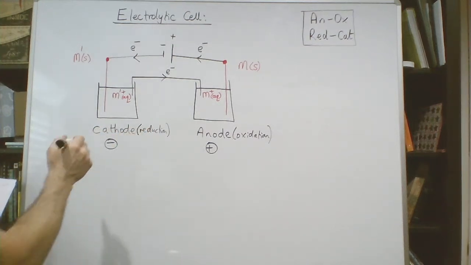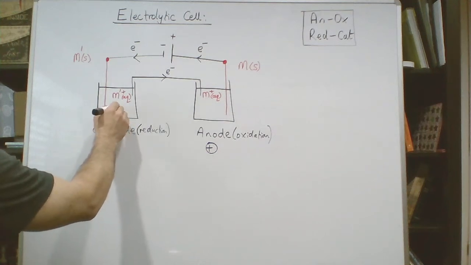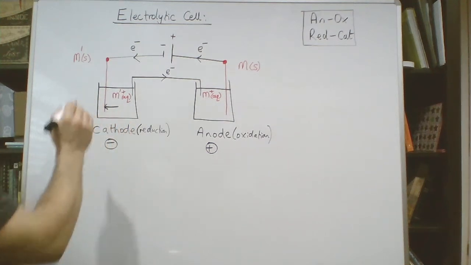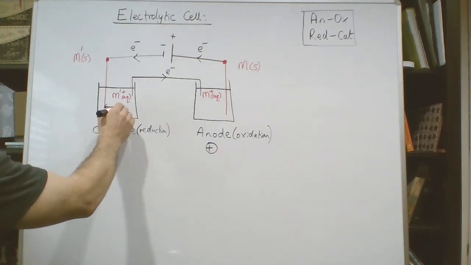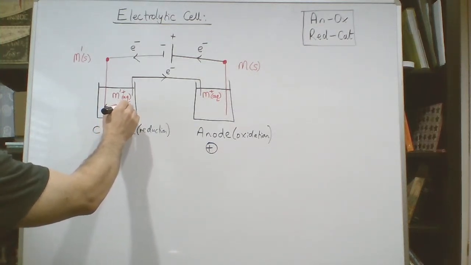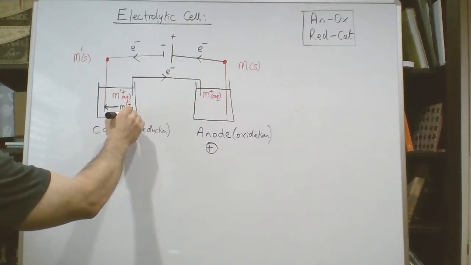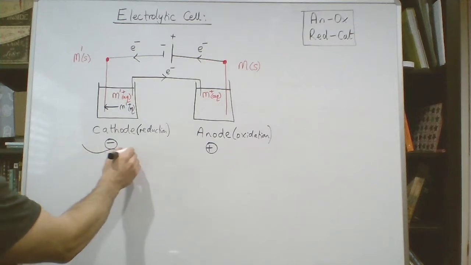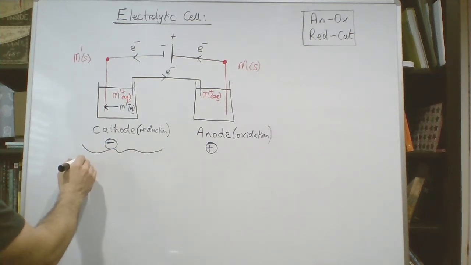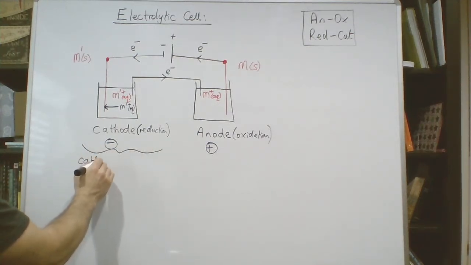So on the cathode, we can have migration of the cations towards the cathode. So we'd have M prime plus aqueous moving towards the plate. So we can say that at the cathode is plated.